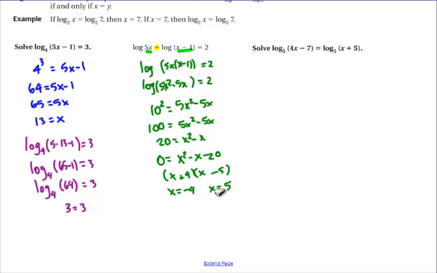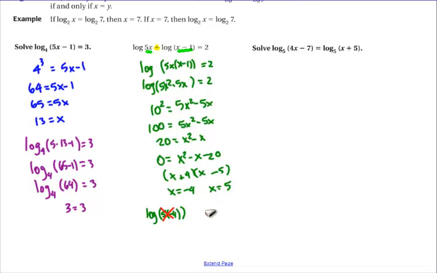Now, again, check this because you want to make sure that all your logarithms are positive. You cannot have a negative logarithm. So when I check out my original function, the negative 4, I've got log of 5 times negative 4. And right there, I'm done with this one because I cannot have a negative number inside a logarithm.